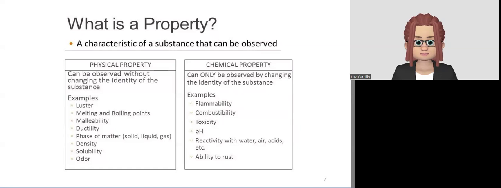Lastly, if the substance reacts with water, reacts with air, reacts with acids or other substances, that reactivity represents a chemical property. And we also have the ability to rust. Rust, in essence, is going to be the combination of different elements with oxygen that is going to result in a brand new substance. So that's why that is considered a chemical property.